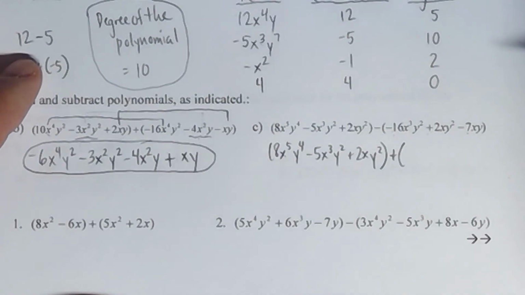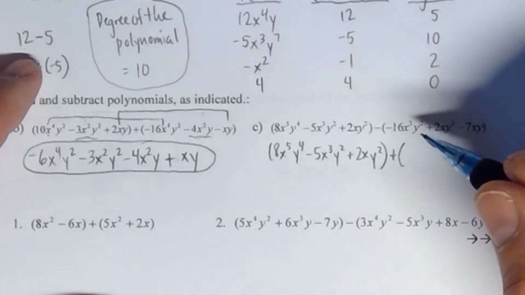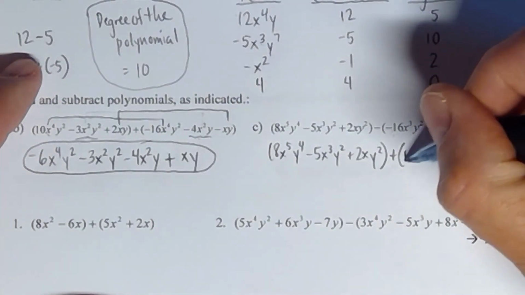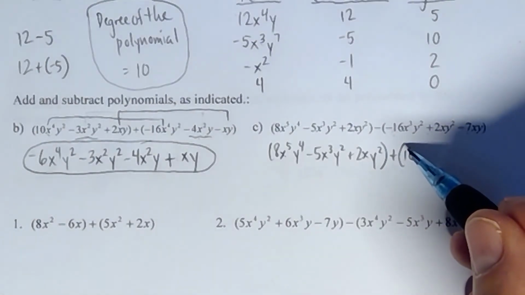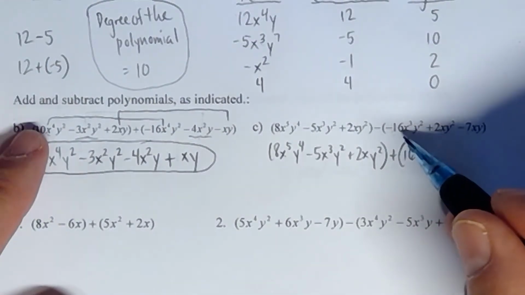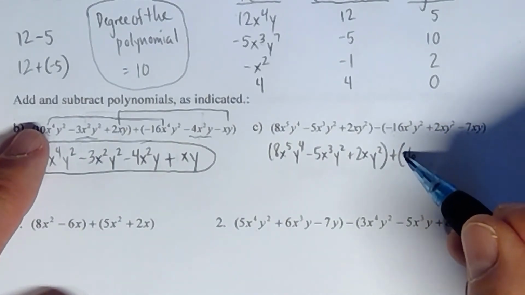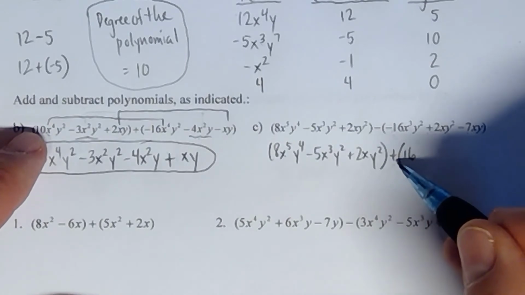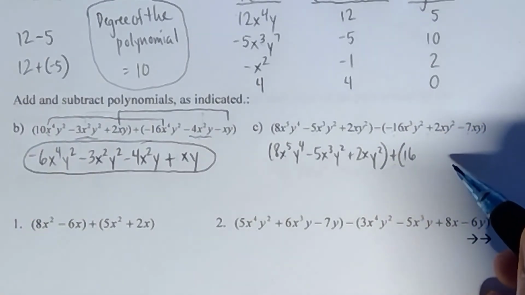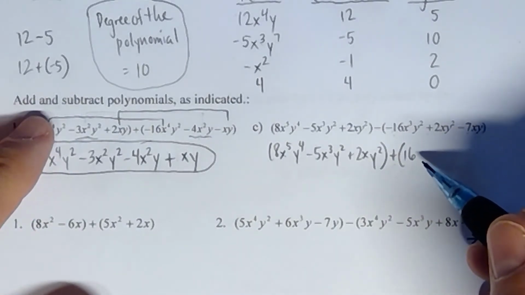And so that's going to change to positive. And remember, you don't need to write a plus. It's the same thing when you're inside of a bracket. If the first term is positive, you don't need to put a plus in front of that 16. This plus needs to stay there because it's outside the bracket. But inside the bracket, we're changing the polynomial signs.